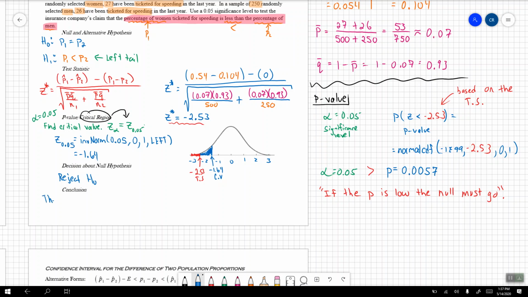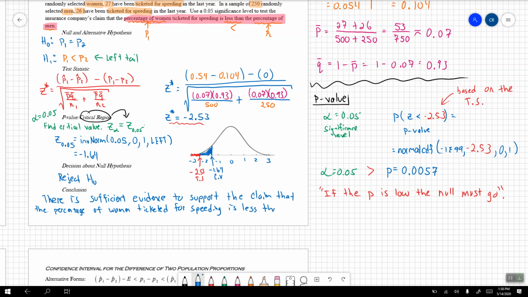So I'm going to say there is, let's say, sufficient evidence to support the claim that the percentage of women ticketed for speeding is less than the percentage of men.